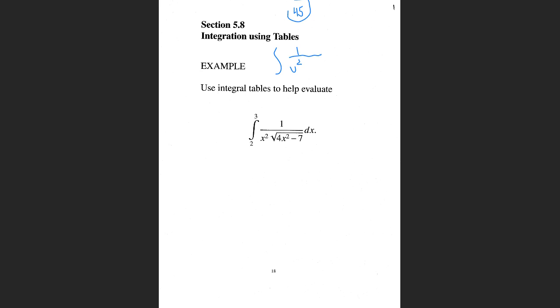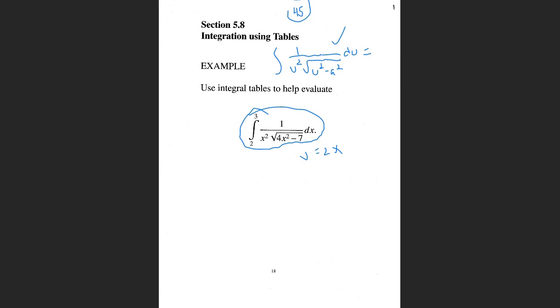So there we have 1 over the square root of u squared minus a squared du, and that's going to be a match. We can make a substitution. We can let u equal 2x and hopefully rewrite our integral so that we can utilize formula 45.